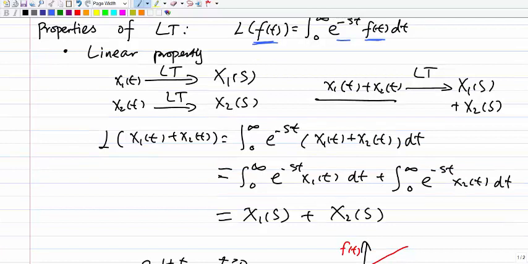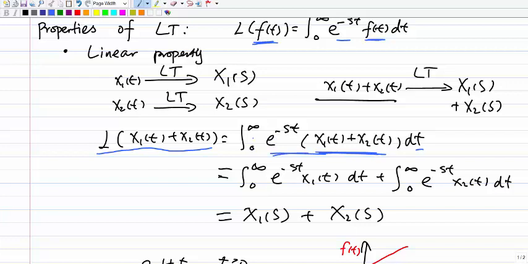To analyze why that's the case, I can just use the definition. If I plug in the Laplace transform definition, I copy this function over here, times e to the minus st, then integrate the product for t from 0 to infinity.